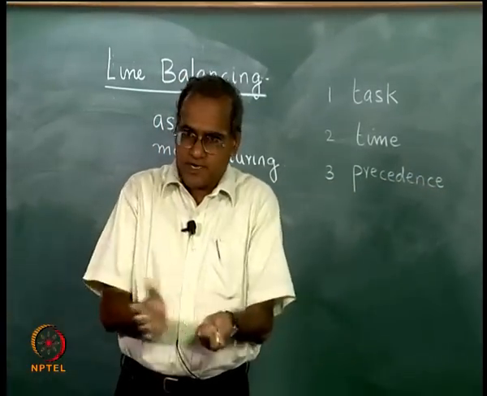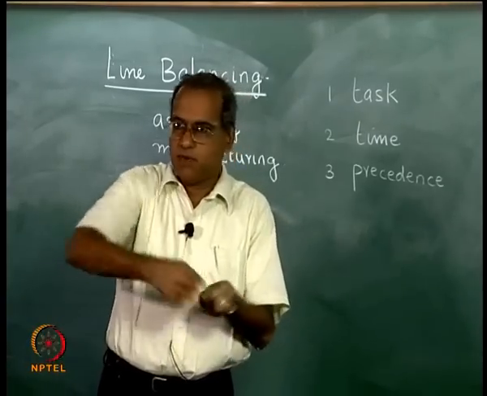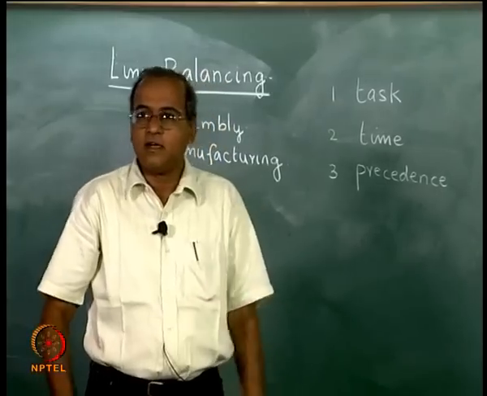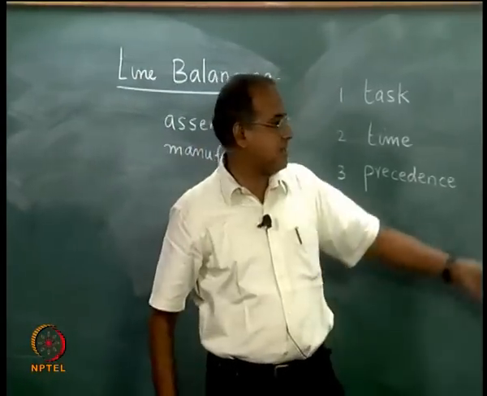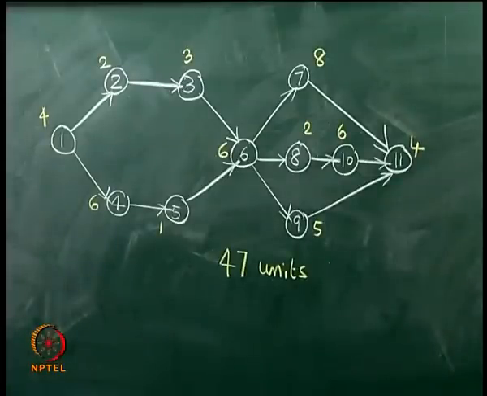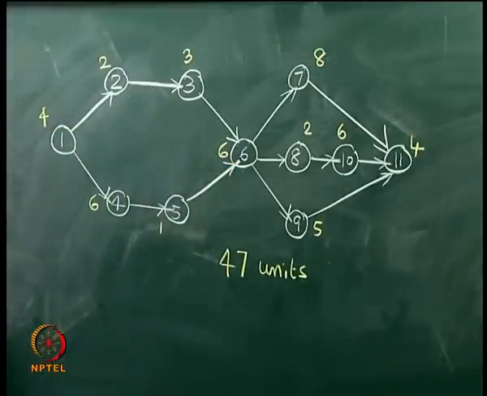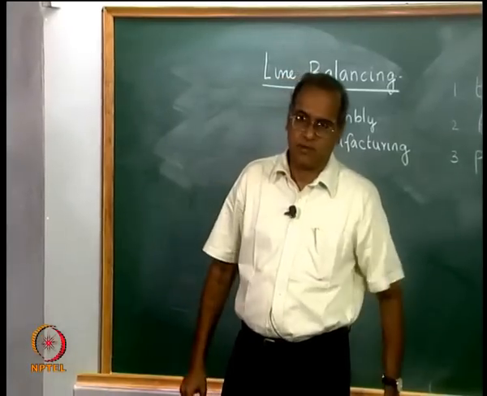So, if 2 operators sit and both actually assemble everything, then we would get 2 pieces in 47 time units, which means effectively 1 piece in 23 and a half time units. But that would involve, for example, if activity number 6 is a testing activity, creating 2 test benches with the same testing equipment.